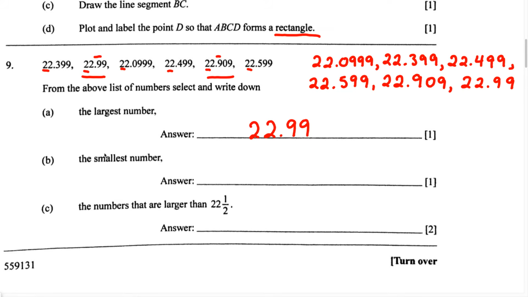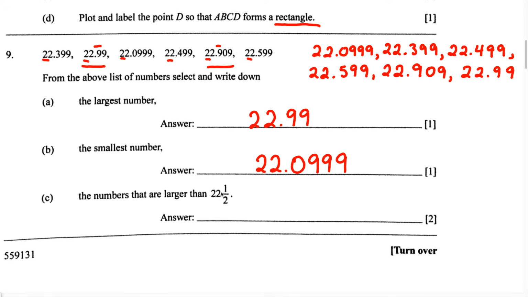Now they want us to find the smallest number. We can say the smallest number is going to be the first number, which is 22.0999. And now part C says the numbers that are larger than 22.5. Now what I would suggest is to change this to a decimal. The whole number is going to be 22.